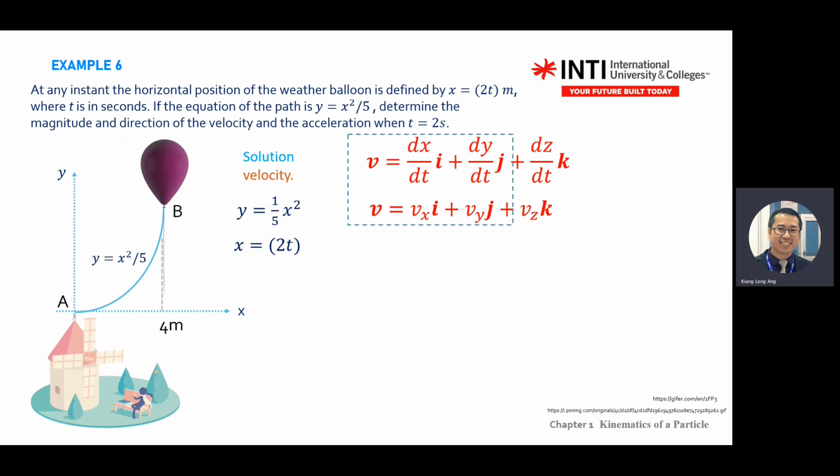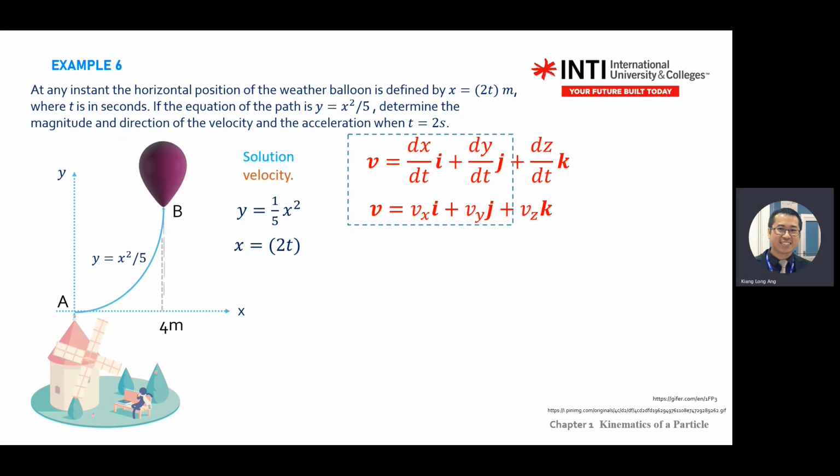So in this case, we don't have z, so we only need to solve 2 components. What is your Vx? Based on this equation, Vx equal to dx/dt, right? So what do we mean by dx/dt? You differentiate your x with time.